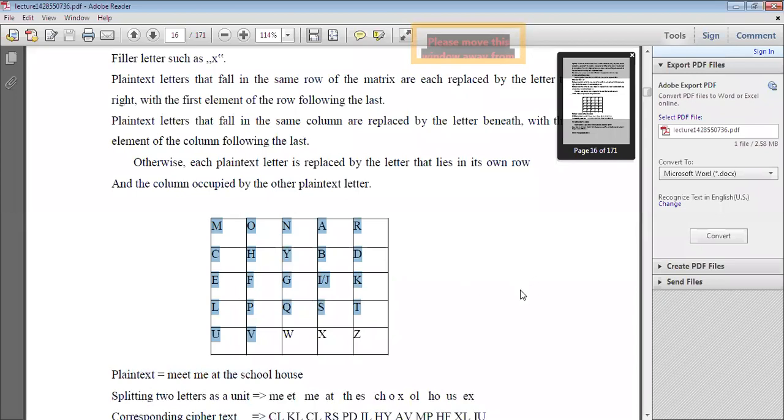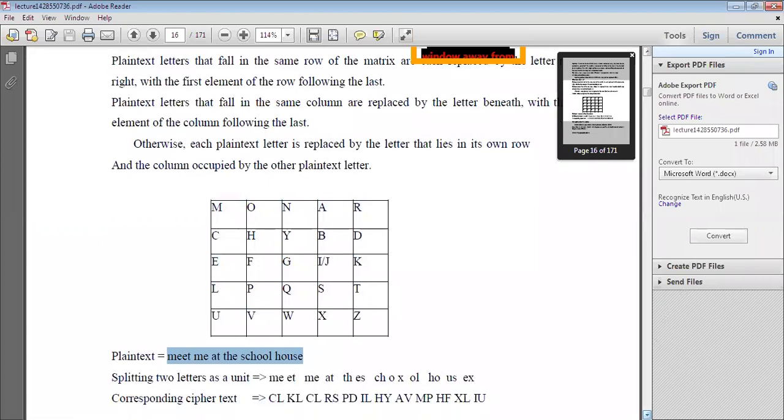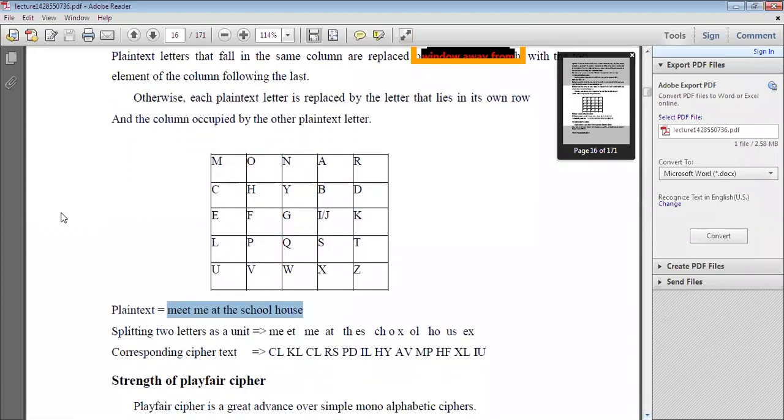After generating the 5 by 5 matrix using the key, now you have to consider the plain text. Which plain text do we have to communicate? That plain text we first divide into 2-letter words. ME is one word, ET is another word, ME is another word, AT is another word. Like this way, we arrange the letters into 2-letter words.